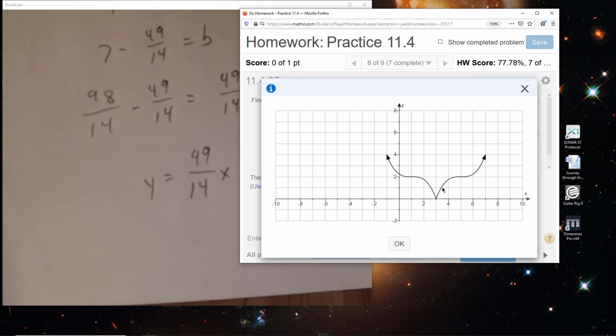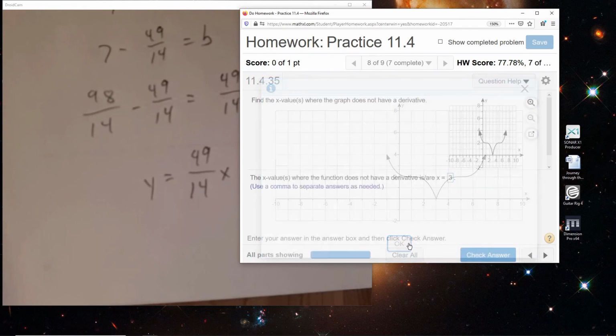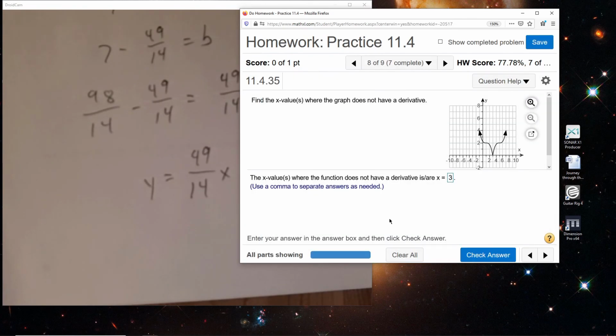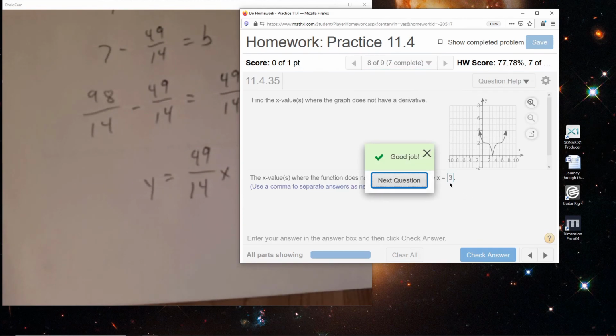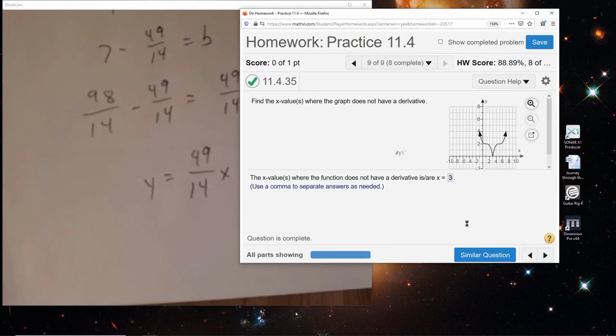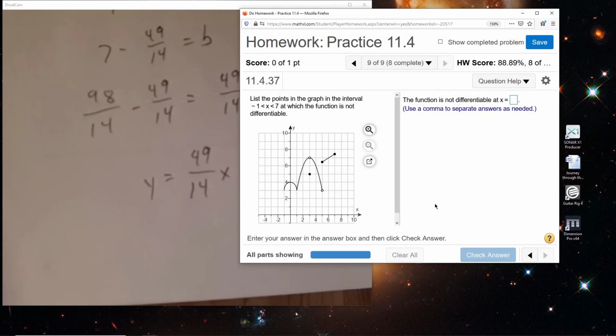But approaching from the right gives us a slope that's positive. The left and the right slopes do not equal at 3. And that's something that always happens at sharp corners. So this function does not have a derivative at 3. And that's number 8. And let's check out number 9.